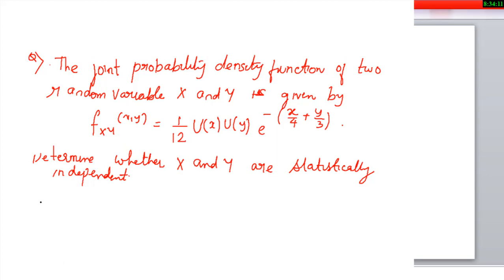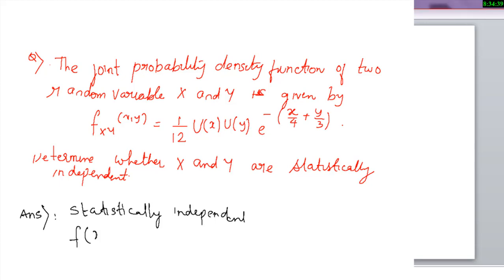Now we'll first write the formula to check statistical independence. We know that the statistically independent function is written as f of x comma y is equal to f of x into f of y.